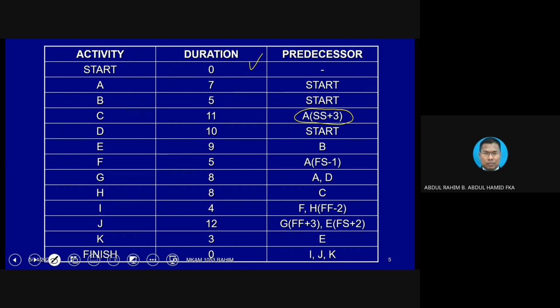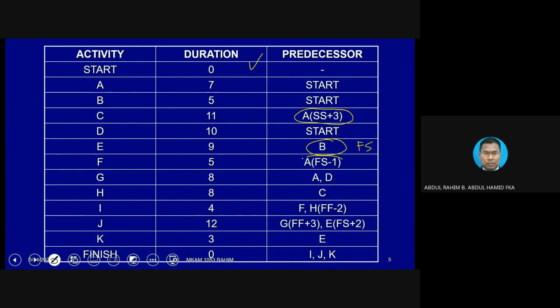If we do not indicate anything, for instance we just put B, then automatically B and E have a finish-to-start relationship. This is by default, so we don't have to indicate FS. We only indicate if it is anything other than FS.